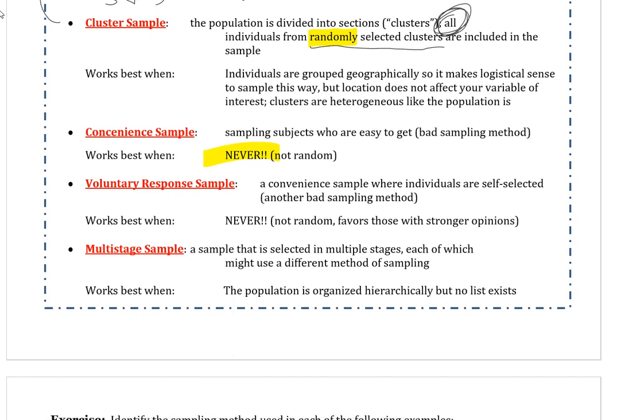A subsection of convenience is what we call voluntary response. And again, it's in the name. If the individuals selected have a choice of opting in or out, we call that a voluntary response sample. So maybe you give out a flyer and they have the choice of whether they want to respond to it.